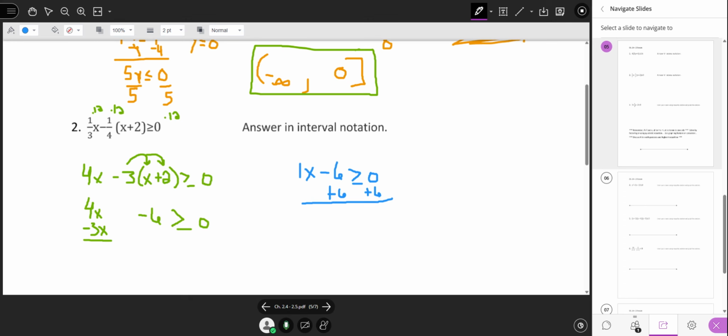Notice I'm not going back to all of the rules for solving because that was in chapter 1. Now, bigger than or equal to 6. So if I do a number line, here's 6, bigger, and that goes to positive infinity, and it's equal.